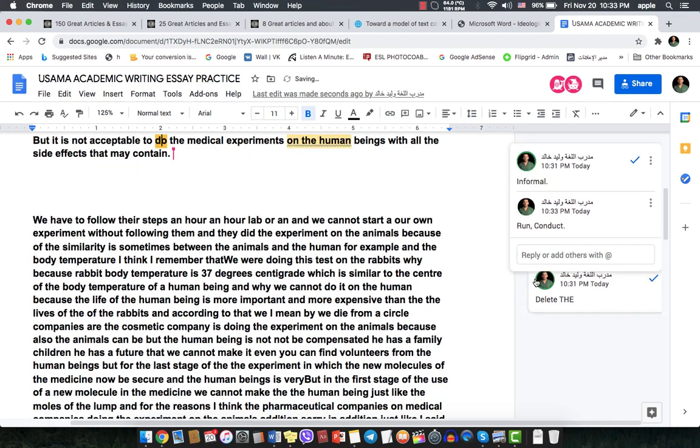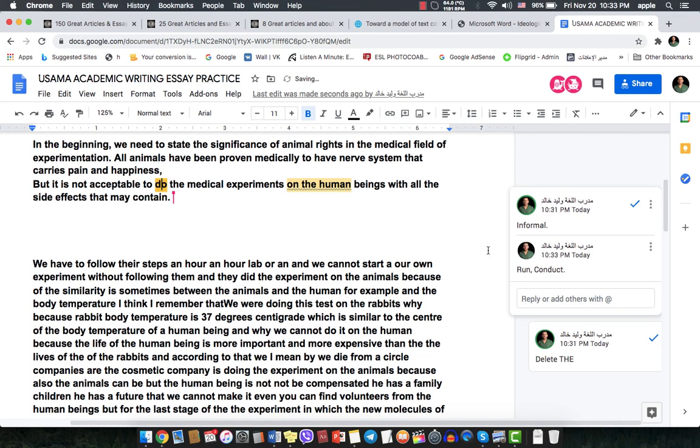Do you see my side notes here? Yes, I see it. So, "it is not acceptable to do the medical experiments." I would say what kind of medical experiments, on human beings, because of all these side effects that you didn't mention.